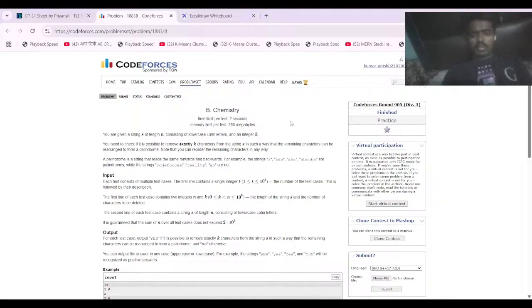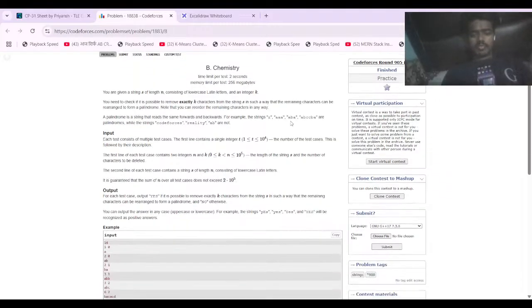So from the string, right, a string s in such a way that the remaining characters can be rearranged to form a palindrome. So palindrome बनाना rearrange करके. Note that you can reorder the remaining characters in any way. Okay, in any way.